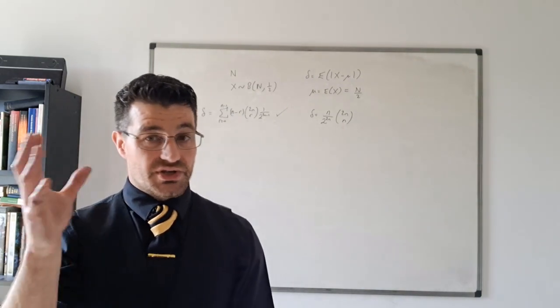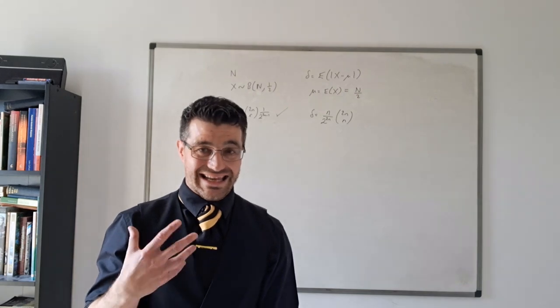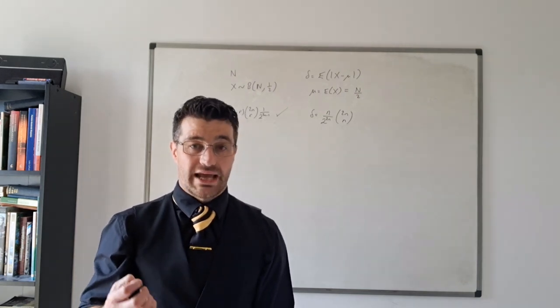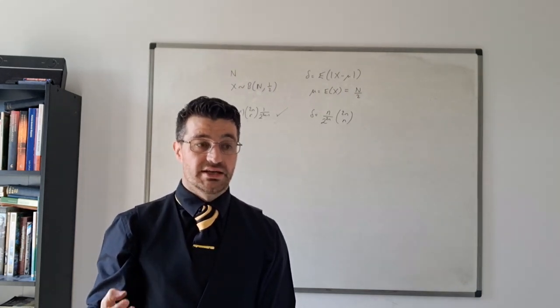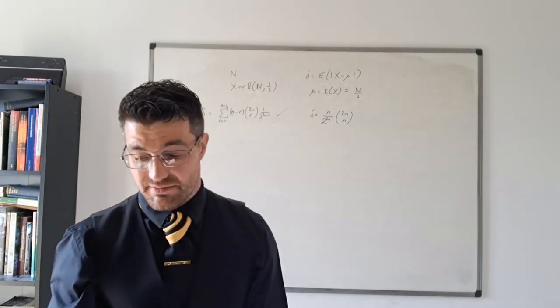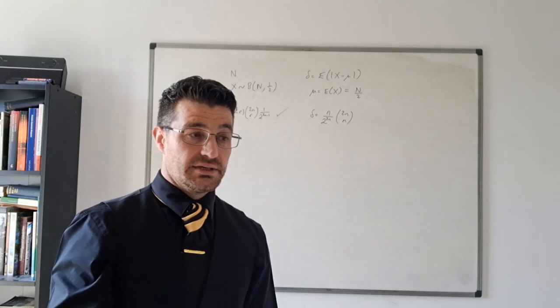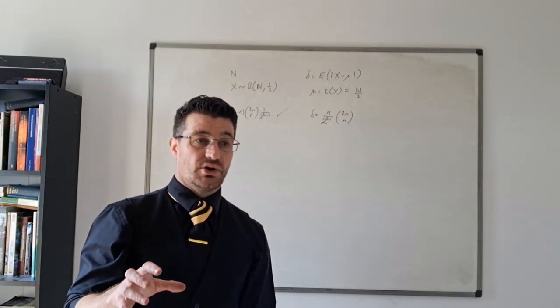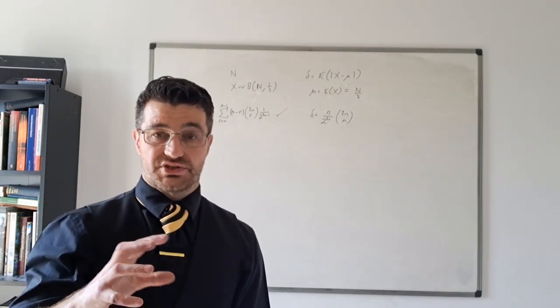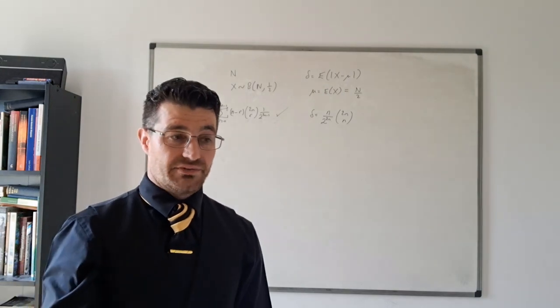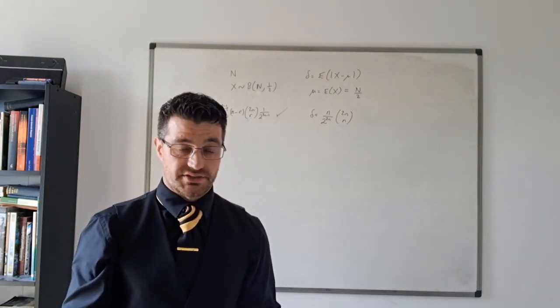So if your solution's all over the place and it's literally incomprehensible to somebody that's reading it, you can't expect to get marks. In the same way that if you were writing a novel, you couldn't expect somebody to understand what story you were trying to tell if you were just writing random sentences, right?